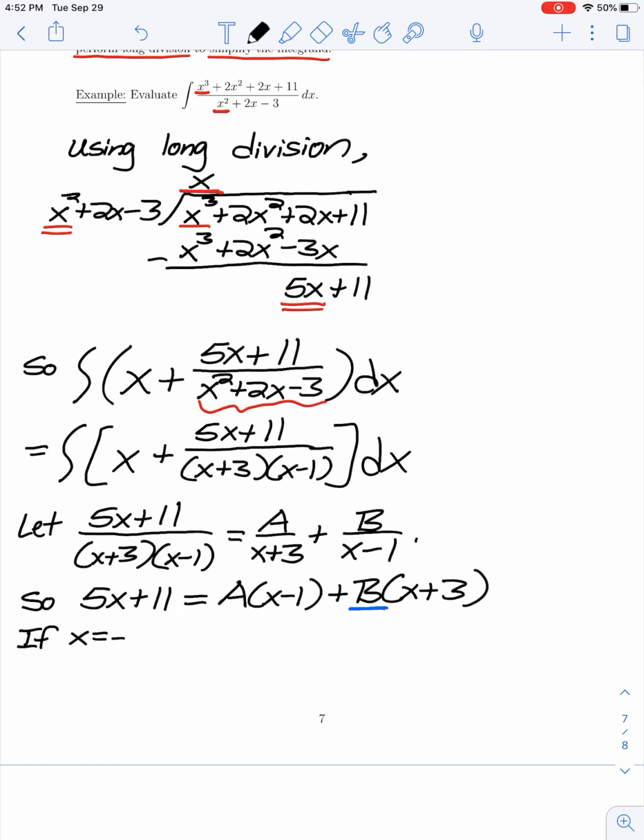So if x were negative 3, then the equation reduces to negative 15 plus 11, so negative 4 would equal negative 4A. And that implies that A is 1.